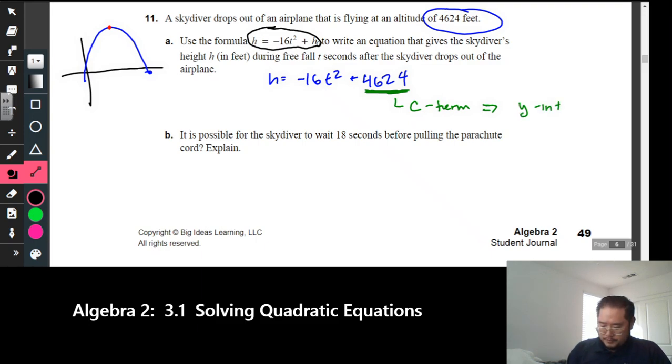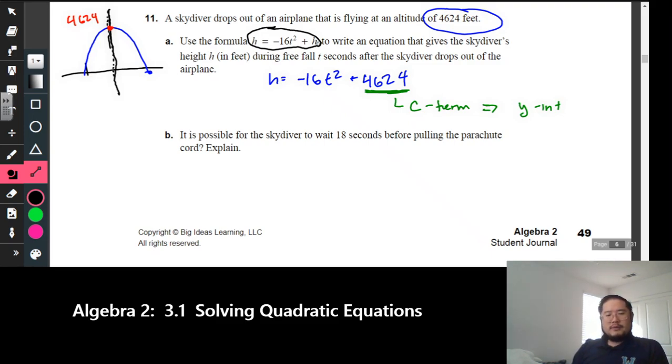So if I look at my diagram right here, this isn't accurate. What do I need to do? My y-intercept should be right there. That right there is your 4,624 feet. And then it's jumping down either left or right.